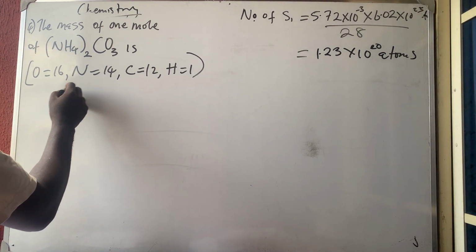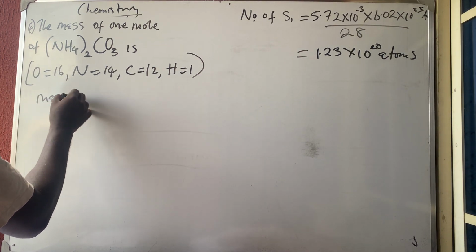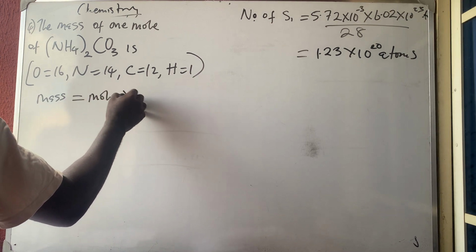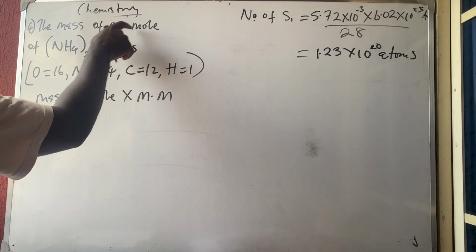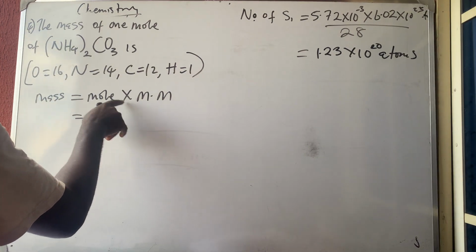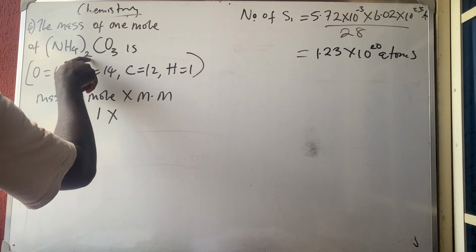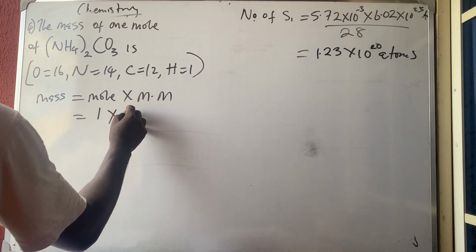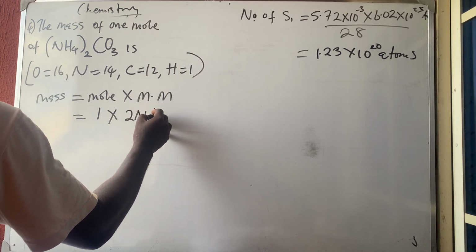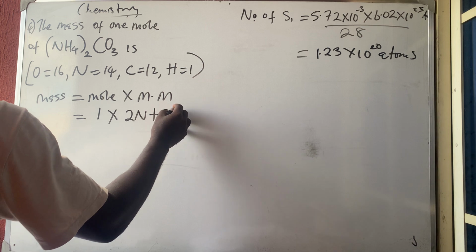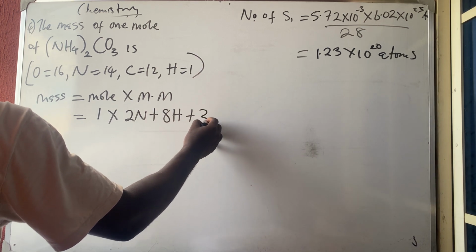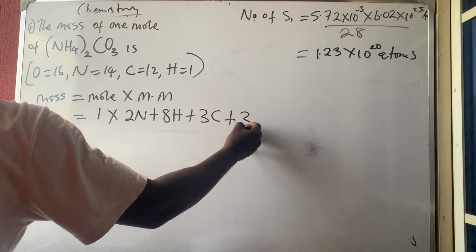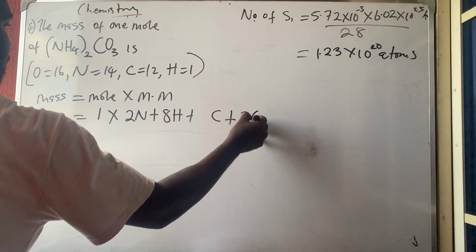First of all, we are looking for the mass. Mass is equal to what? Just mole times molar mass. They say that it's just 1 mole. So 1 times the molar mass of this thing, that is 2 nitrogen plus 8 hydrogen plus 1 carbon and 3 oxygen.